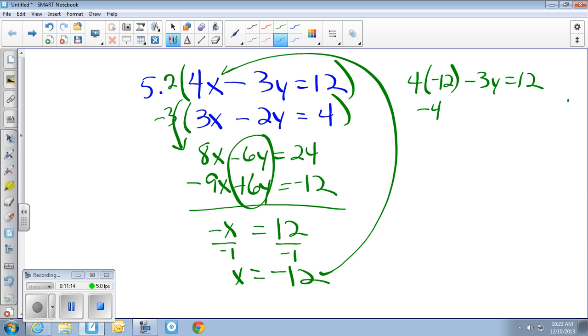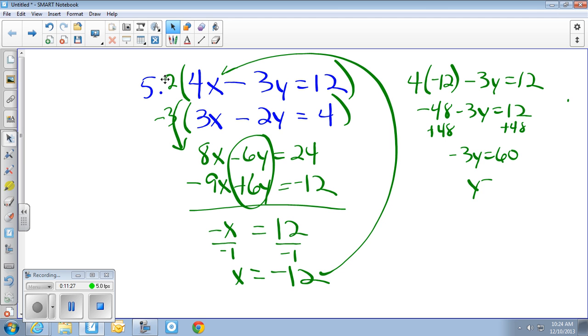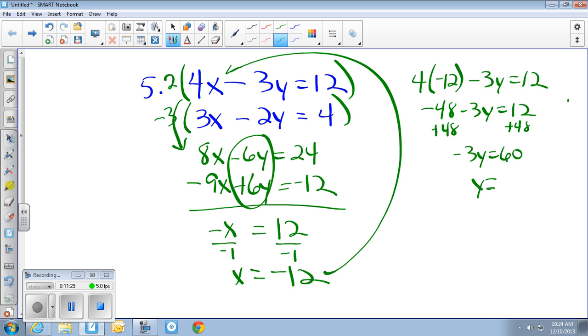That's going to be a negative 48. Add 48 to both sides. So y is going to be equal to a negative 20.